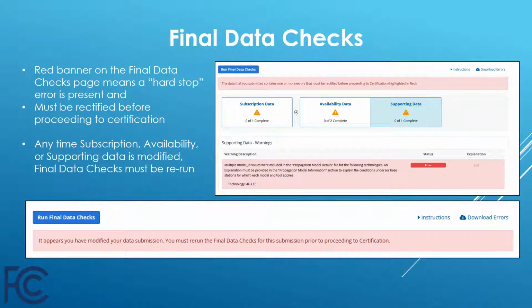These geography-level comparisons only apply to fixed broadband data. However, higher-level comparisons apply to mobile broadband and mobile voice data. As in Form 477, service providers that submit mobile broadband subscribership data must also submit mobile broadband availability data and vice versa. The same applies to mobile voice.